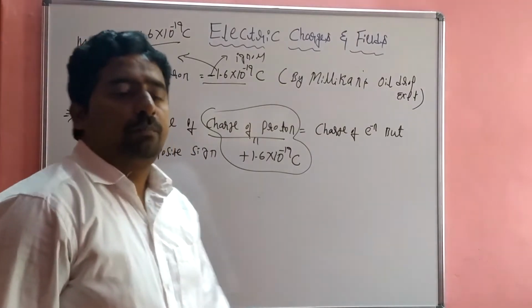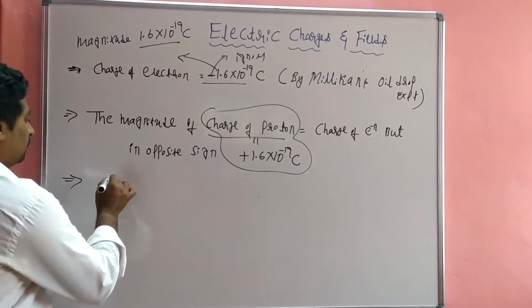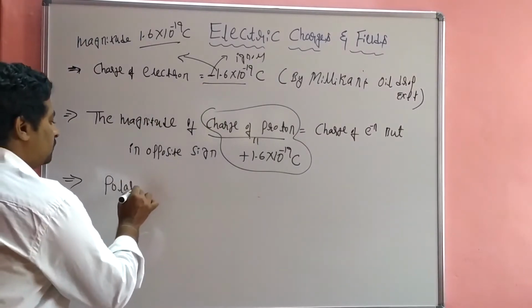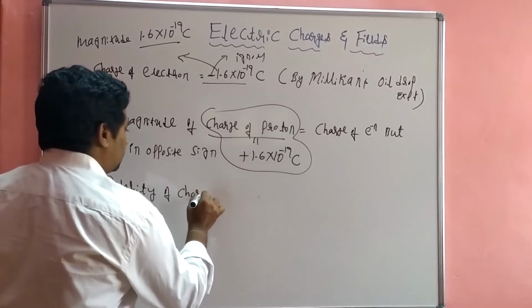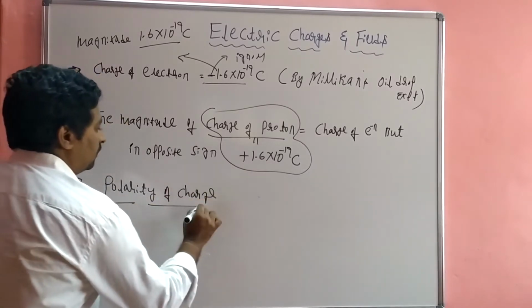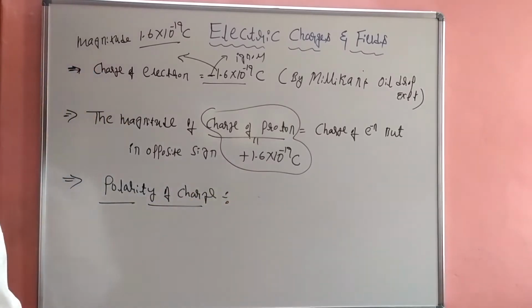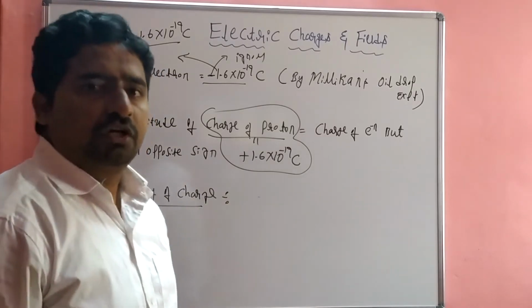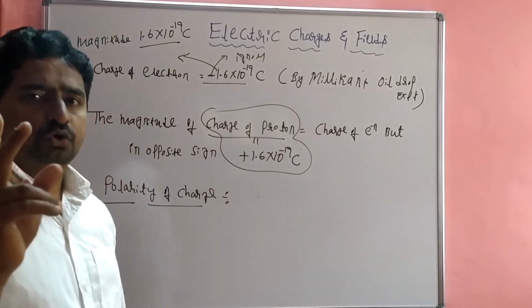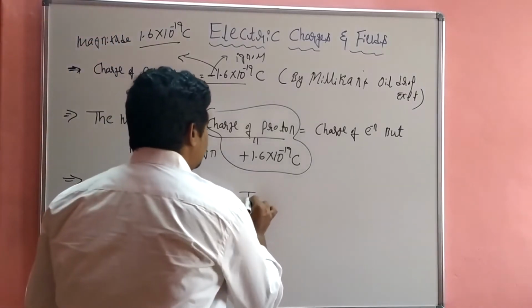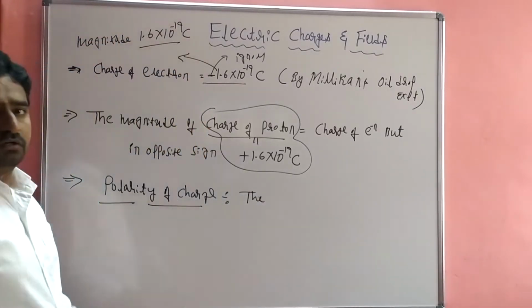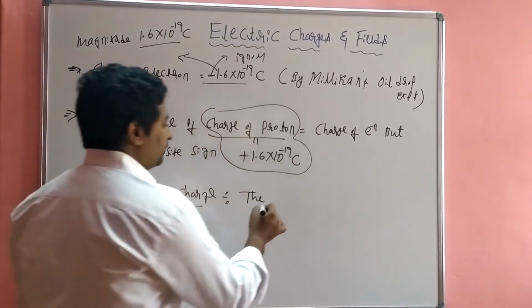So then, polarity of charge. What is the polarity of charge? The charge is differentiated into two kinds, called the polarity of charge.